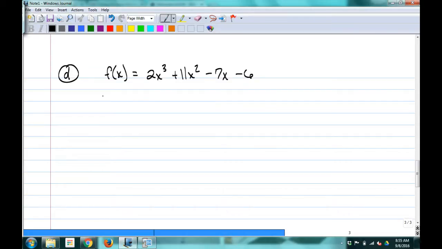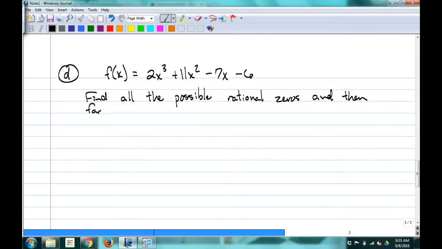Okay, and we want to find all the possible rational zeros and then factor f of x.